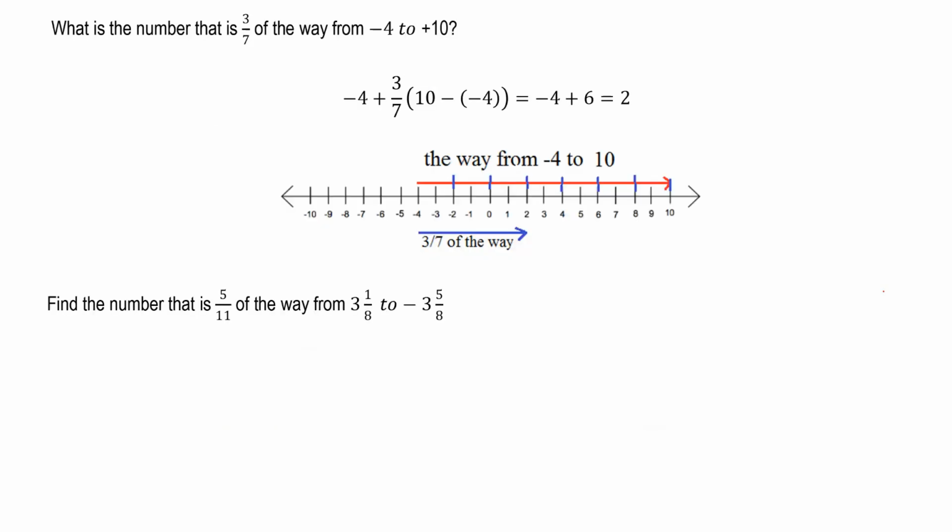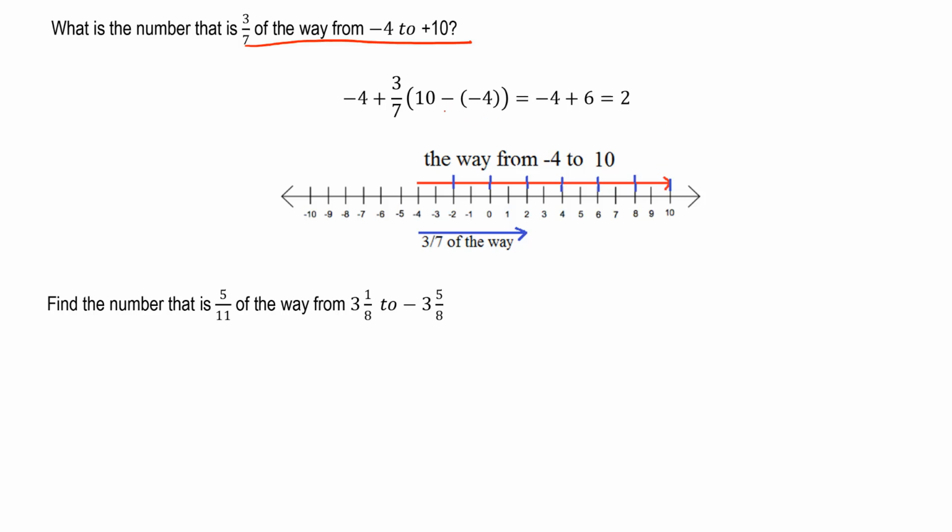Directed distance between two numbers: what is the number that is 3/7 of the way from -4 to +10? We look at the words here. We want 3/7 of the way from -4 to +10, which means as you go from -4 to +10.